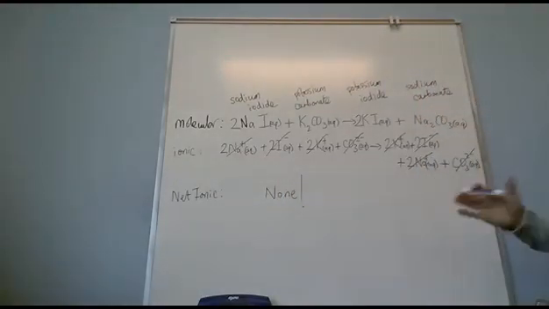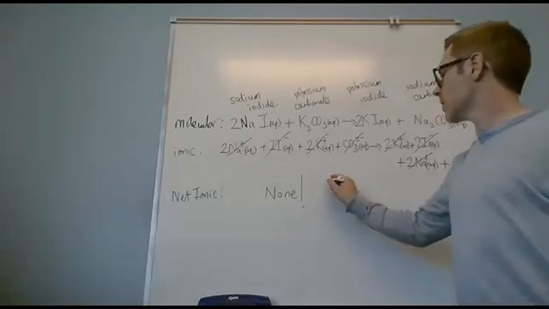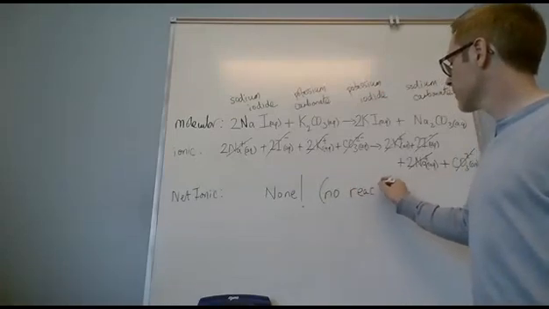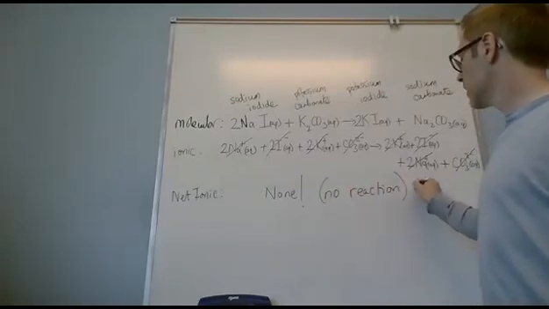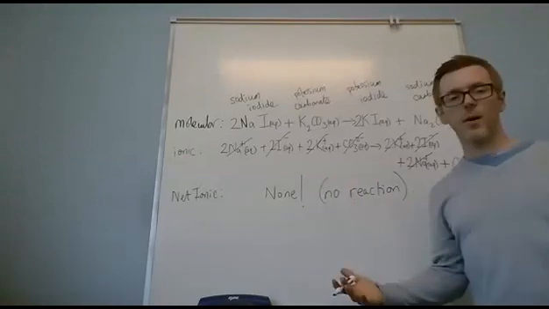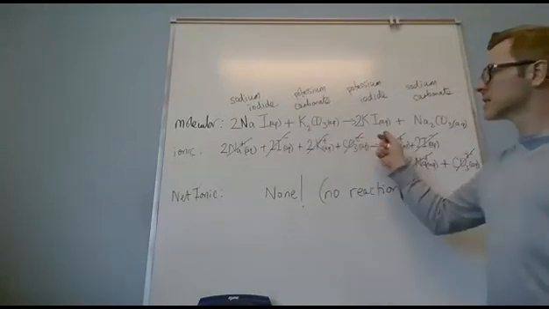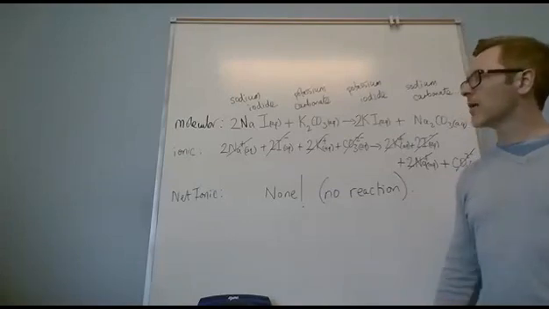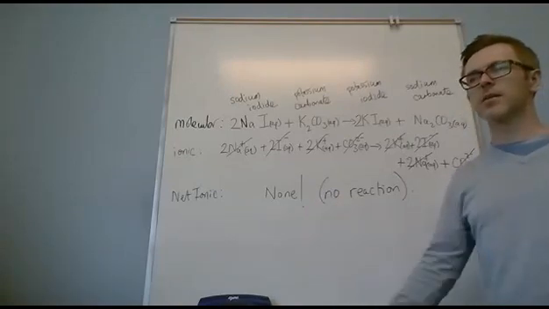So here we have no net ionic equation. So this just means there's no reaction. So there's a predictive power here. We predicted that this is not real chemistry. All we have is a mixture of ions in a beaker that do nothing.